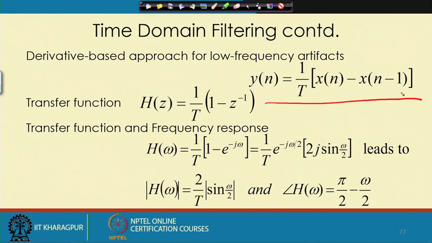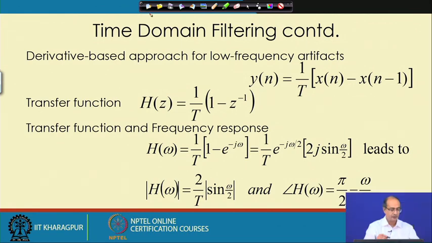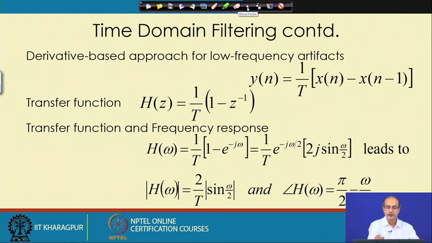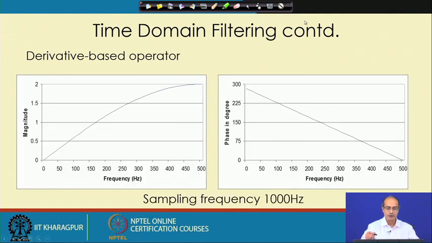In the last session we were looking into the derivative based filter. This is the simple form, and we have seen the corresponding transfer function, which is a high pass filter.